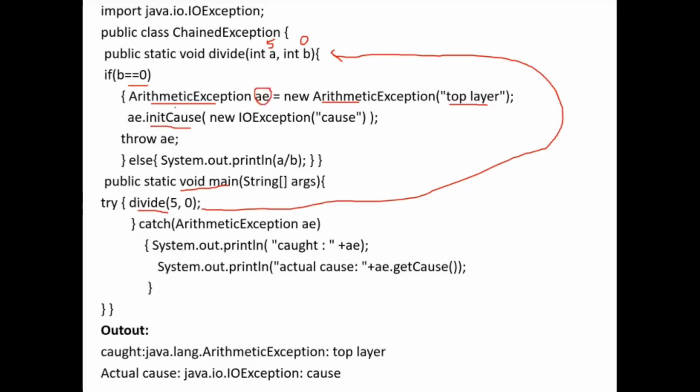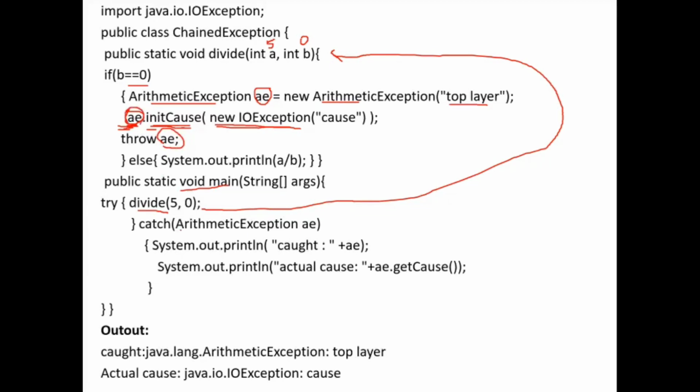AE is the arithmetic exception object, and I am calling the initCause method using this AE object. By using this function, I am telling that for this arithmetic exception, the actual cause is an IO exception. After initializing this exception, I am going to throw that object AE.